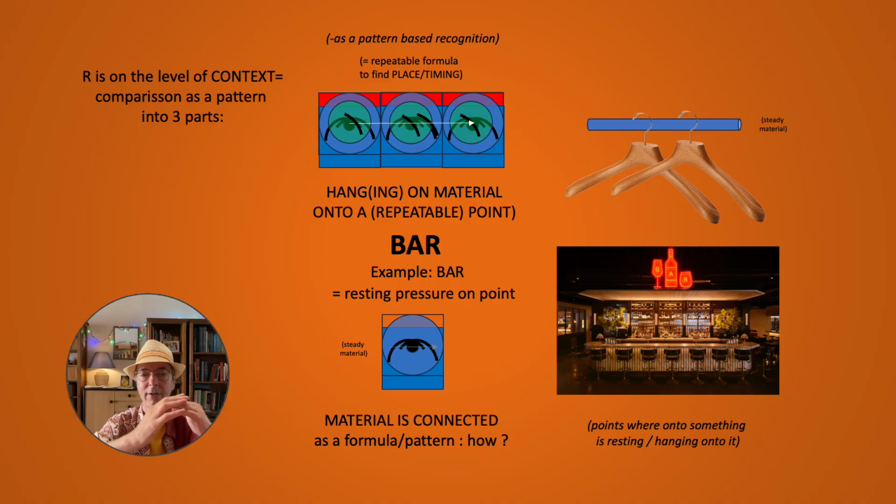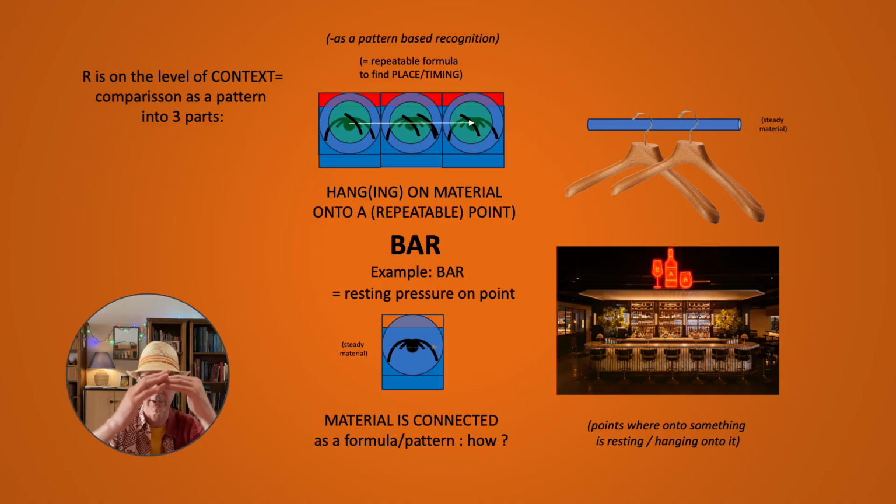So you have this resting pressure point which you can count on, which will be repeated and can be found in different places where you can use it again as choices also, because it's not fixed where and when it is, but you can have them just like you have a bar which you can use to hang clothes upon.